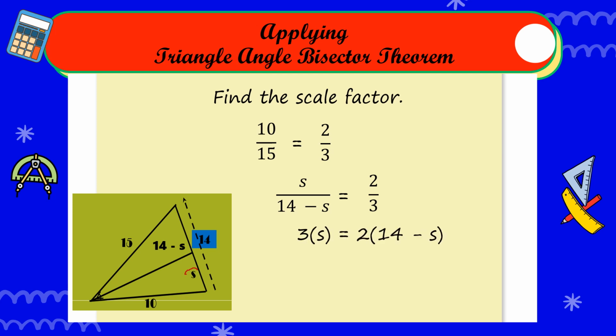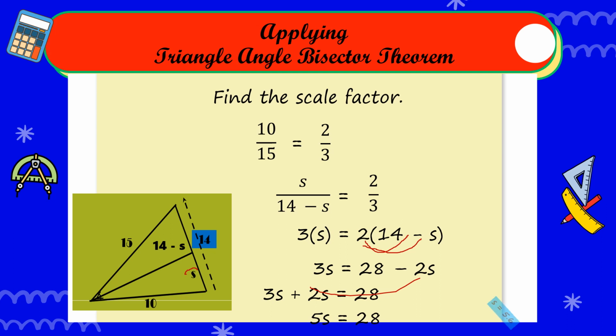So here you just need to do some distribution. 2 times 14 is 28. 2 times negative 2s is negative 2s. And then move this negative 2s to the other side. So that must be 3s plus 2s equals 28. Then 3s plus 2s is 5s. Divide both sides by 5. 28 divided by 5 is 5.6.